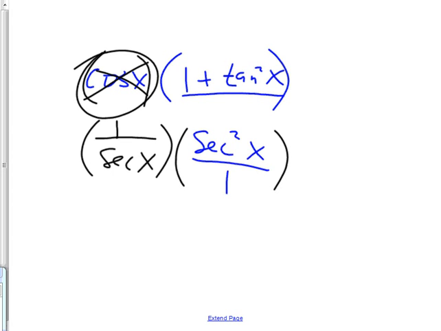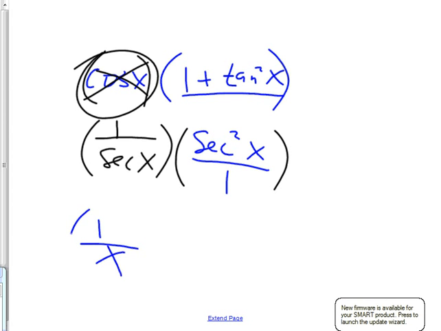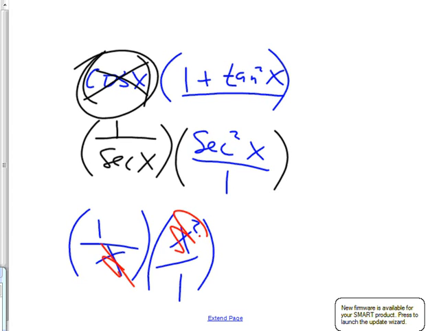Okay, so this little thing right here, the 1 with the tan is what we seek, means I have this. And now, when this happens, do both of the secants cancel? No. It's sort of like having this situation: 1 over x times x squared over 1. You can't just go, oh, I'm canceling all the x's. It wouldn't work.